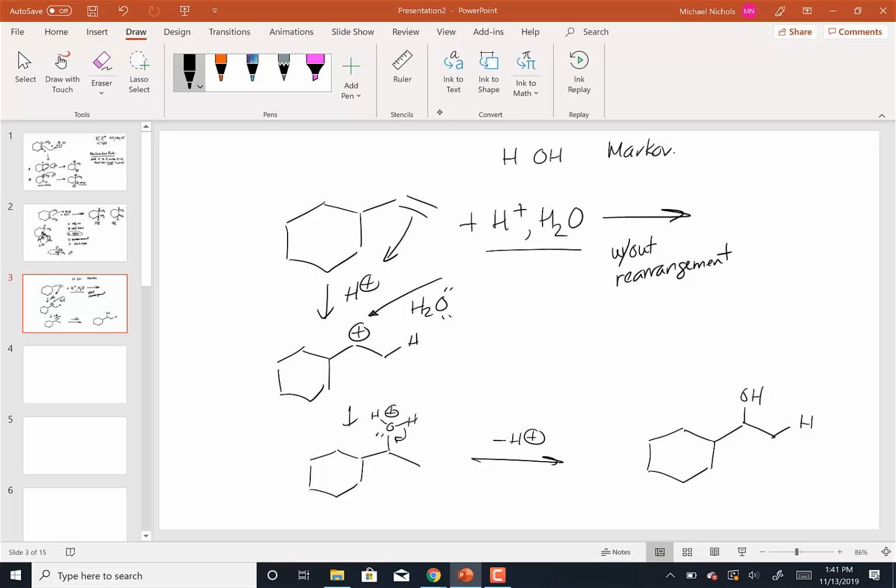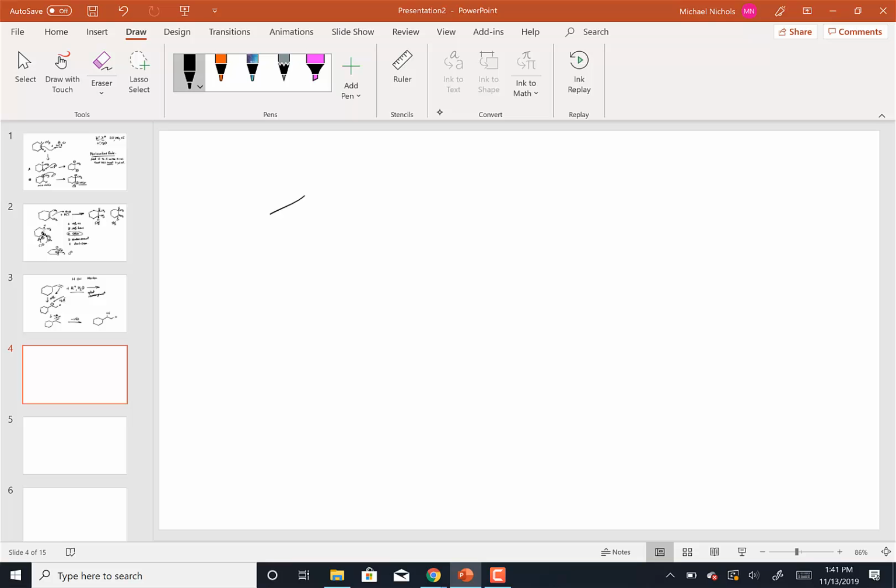Then when I said with rearrangement, we're going to start with the carbocation we formed, which is going to be this one. When I did this morning, people were like, well, where should I rearrange? How should I rearrange the carbocation? Same rules as before.